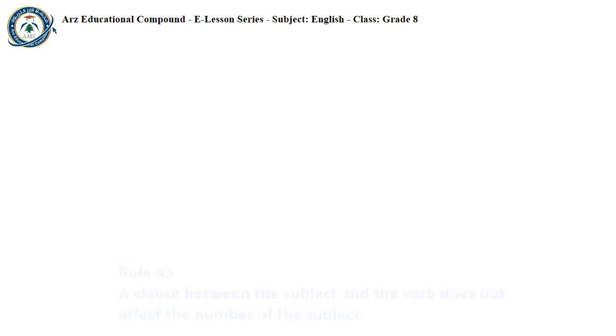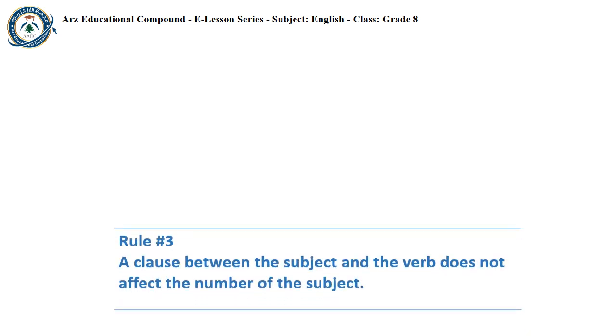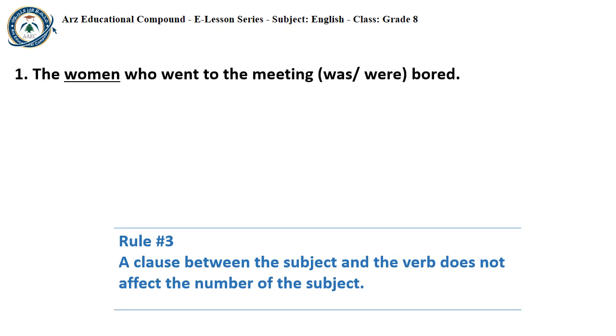Now the third rule of subject-verb agreement says that a clause between the subject and the verb does not affect the number of the subject. The woman who went or the women who went to the meeting was or were bored.